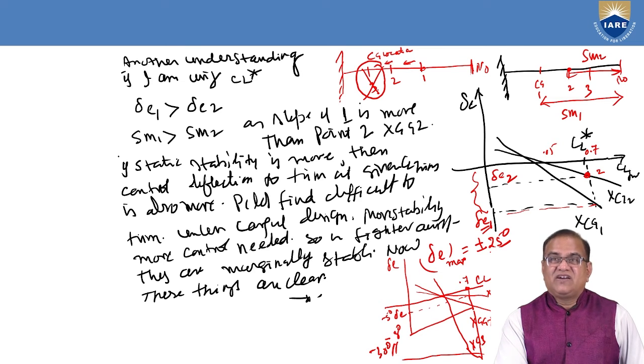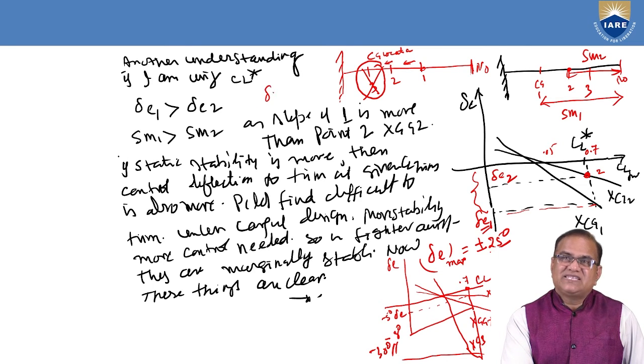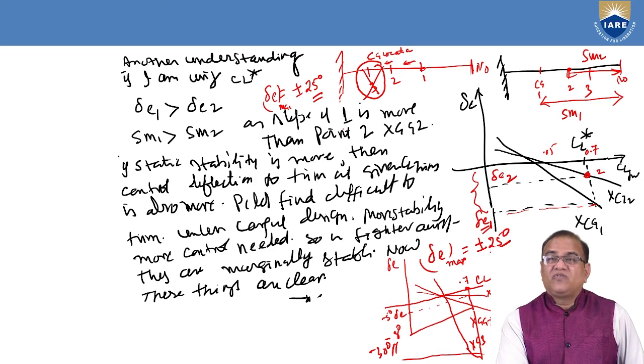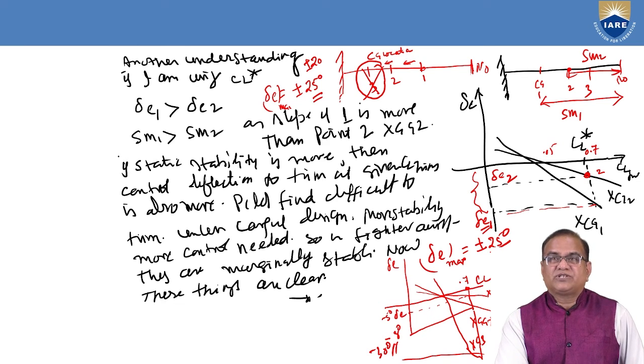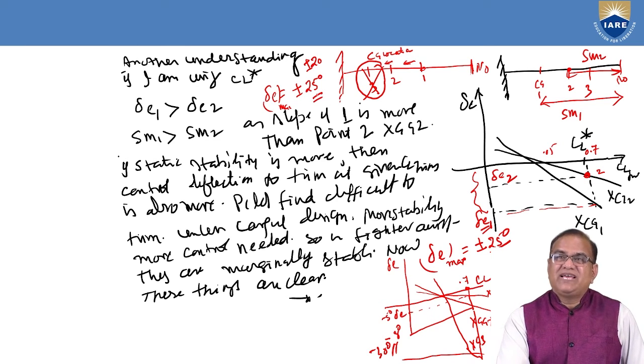However, for safety reasons, if the maximum delta E is provided as plus minus 25 degree, we can only use up to 20 degree because due to some disturbances in the environment, due to weather conditions or due to side slip of the aircraft, there is some chance of flow separation. So in place of 25, the effective angle of the elevator may be only 20.